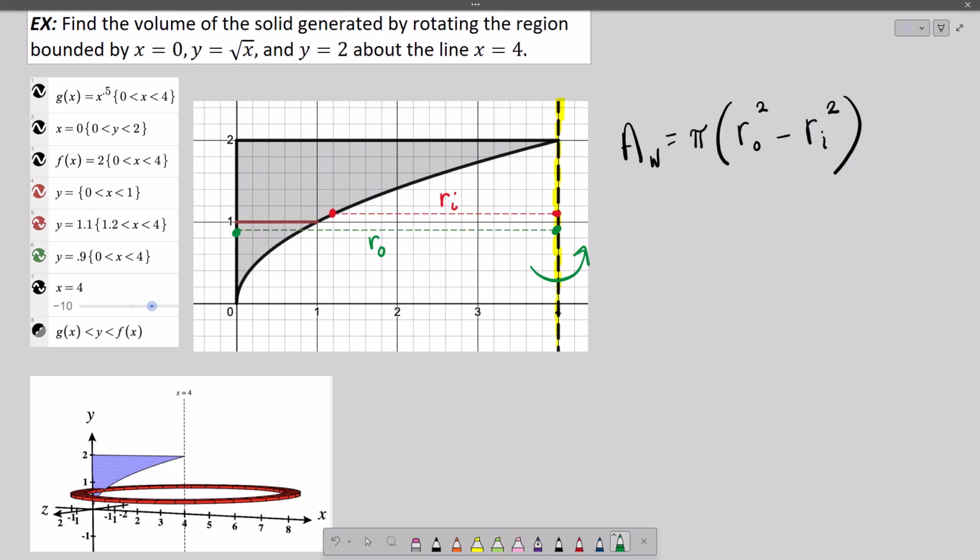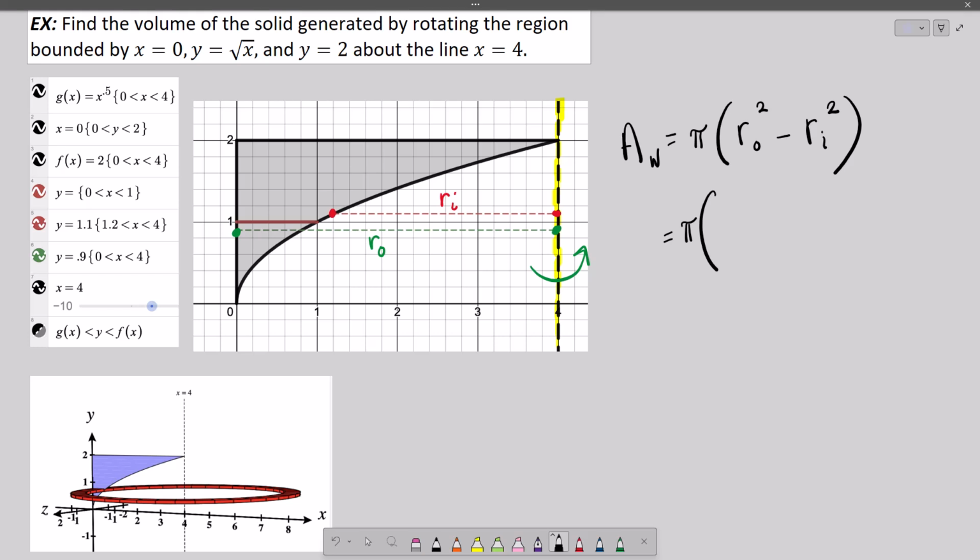So now let's take our generic formula and replace the r sub o and the r sub i. Outer radius is this distance. This distance is horizontal, so I take the right x and subtract off the left x.